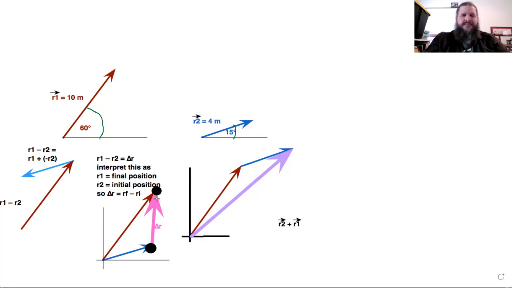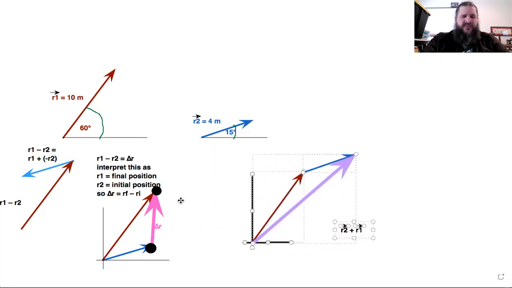Does it matter which direction the arrows go? Like this past example with the one on the left, the arrows are in opposite directions, with this one, when we're talking about subtraction and when you find the difference? Yeah, for addition, order doesn't matter. R1 plus R2 is the same as R2 plus R1. But for subtraction, it matters which one is being subtracted.